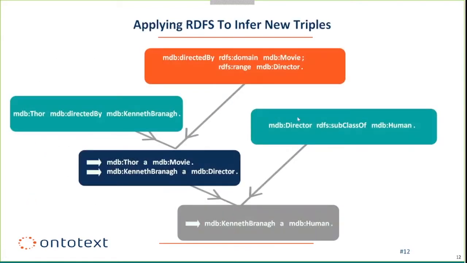If we want to see an example of this, we have in our database the information, again, that the movie Thor is directed by the director Kenneth Branagh, and if we add the following rules, that the property directed by has a domain of class movie and the range is of class director, based on this information, we can immediately infer that Thor must be of a class movie and that Kenneth Branagh must be of the class director.